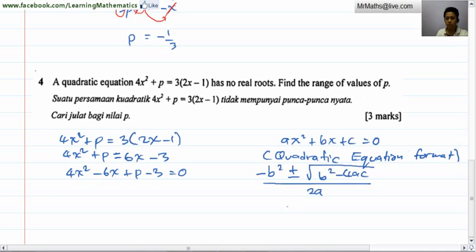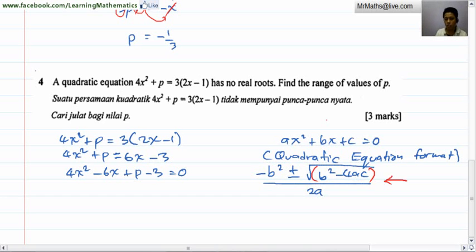So what does it mean? Let's take a look back at this equation. The item inside here, the one that I bracketed in red, is very critical. If the equation is to have any real roots at all, then the value of the term in the red bracket must not be negative.